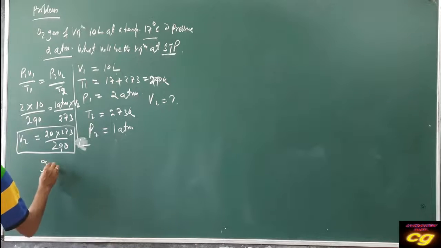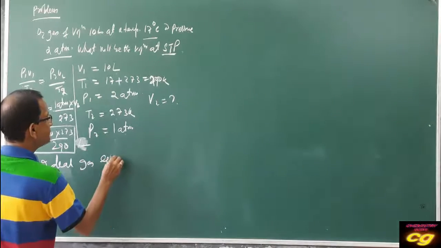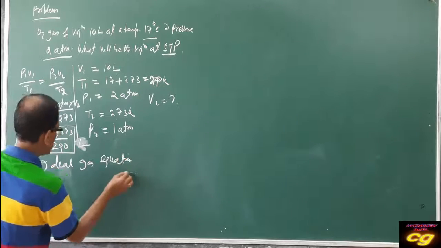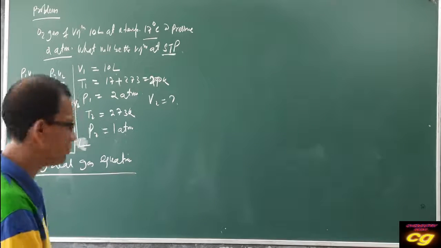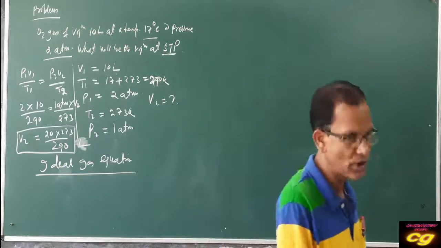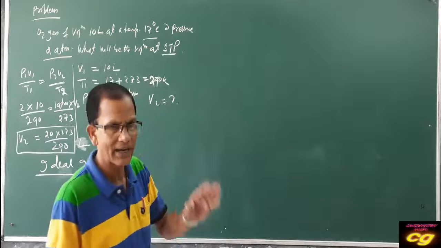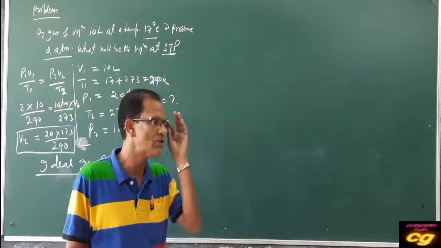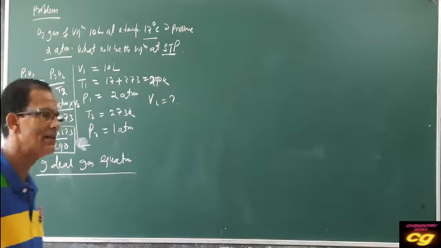What is the ideal gas equation? This is very important. Generally we know that a gas which obeys all the gas laws, Boyle's law, Charles law, Avogadro's law, is called an ideal gas. If the gas obeys the gas laws at different conditions of temperature and pressure, that is called an ideal gas.